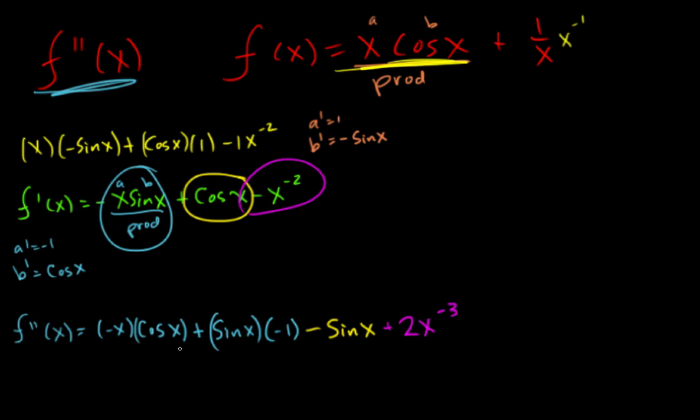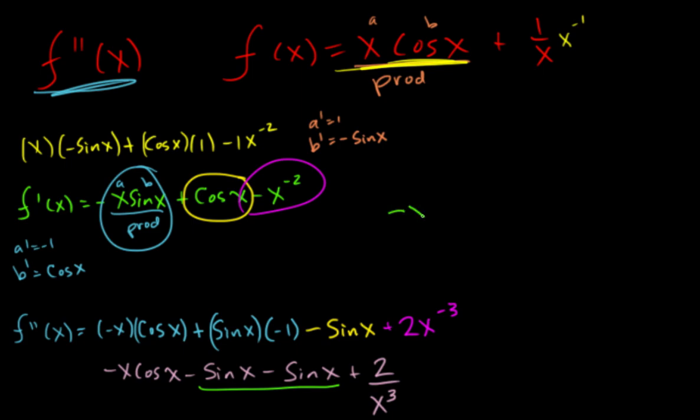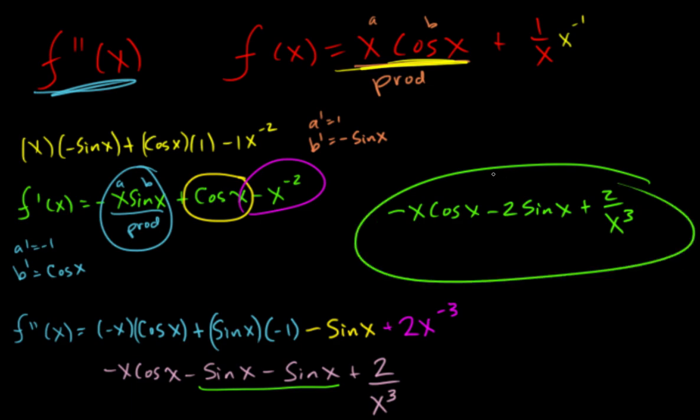Doing some simplification, we get negative x cosine x minus sine x minus sine x plus 2 over x cubed, and we can combine those, and so our final is negative x cosine x minus 2 sine x plus 2 over x cubed. And looks good.